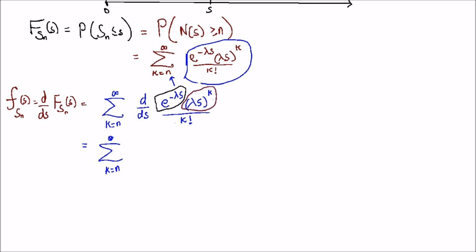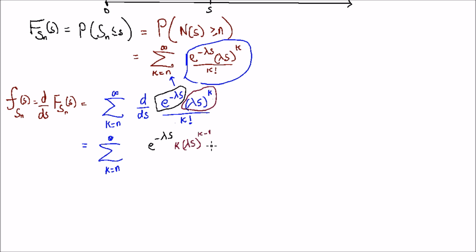By the product rule, I'm going to leave the first term as it is initially, so e to the negative lambda s, and then take the derivative of the second term, lambda s to the power of k. So that is k times lambda s to the power of k minus 1.